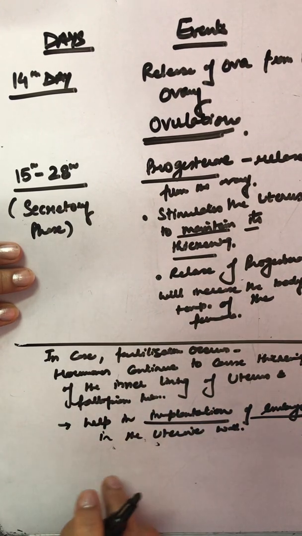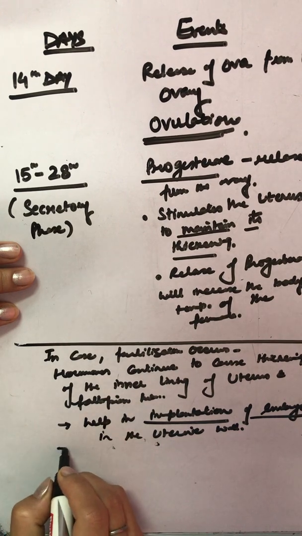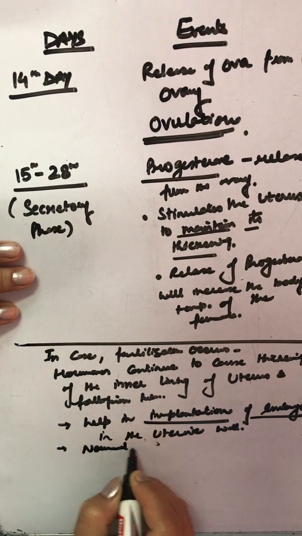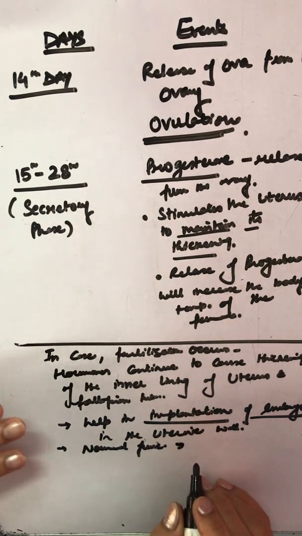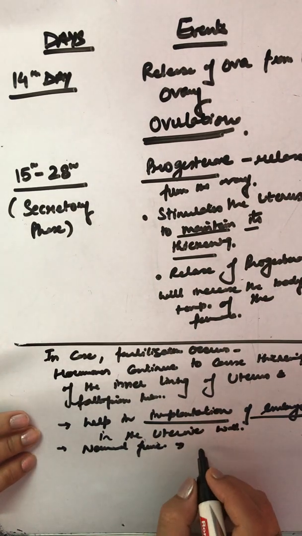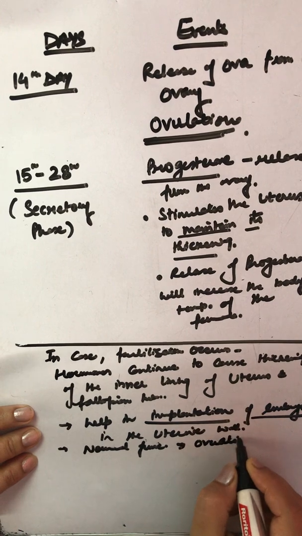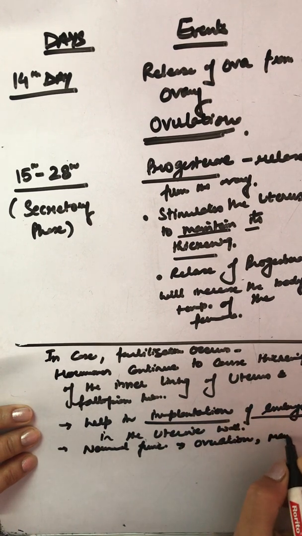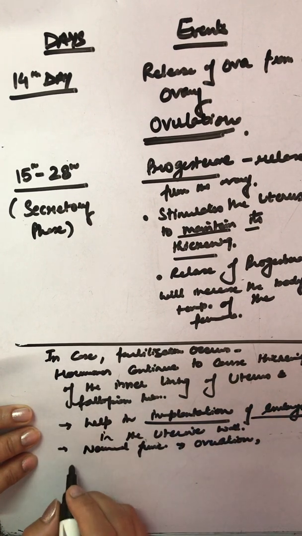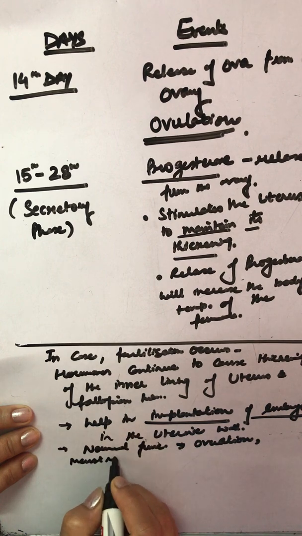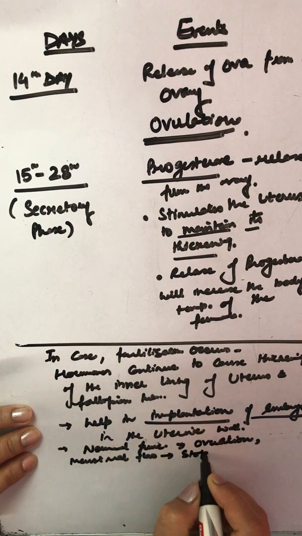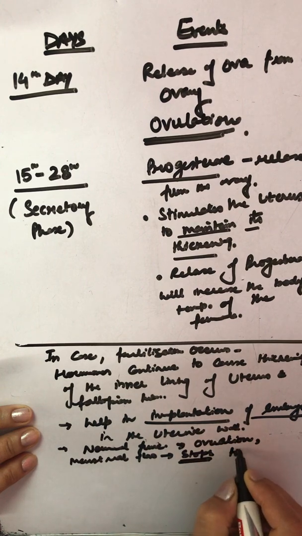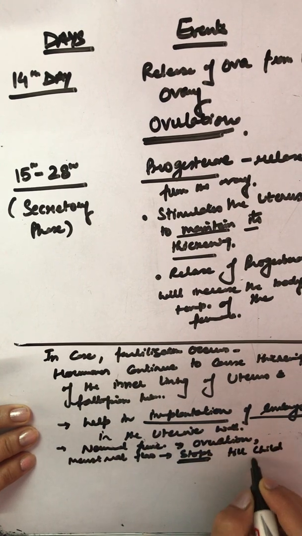And at this time, normal functioning, like the ovulation process, menstruation process, menstrual flow, it stops till childbirth.